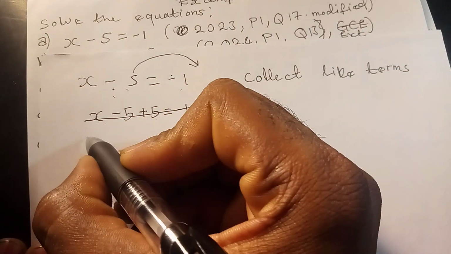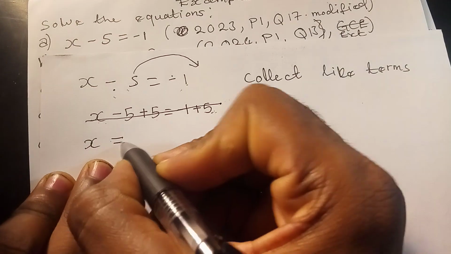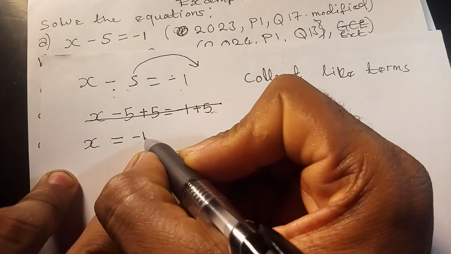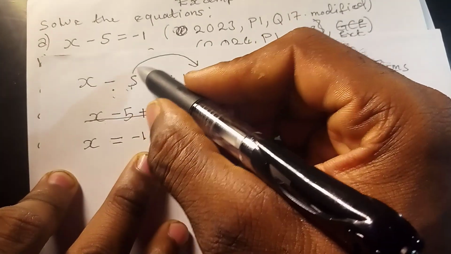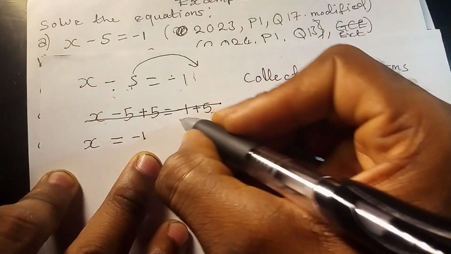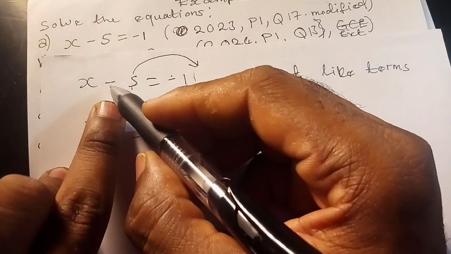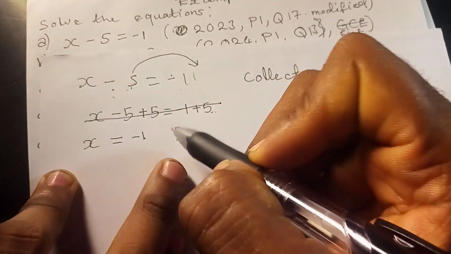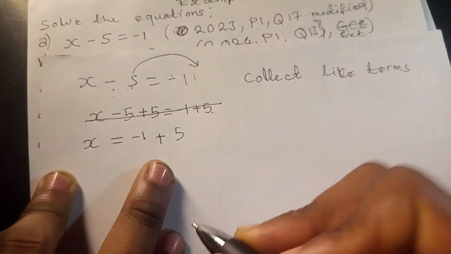Okay, so we can say x, you write the equal sign, and then you write the negative 1. Then after you write the negative 1, you can take the 5 to the other side. Please, you don't need to draw this arrow. So once the 5 goes to the other side, this sign will change. It's a negative here. The moment it goes to the other side, it will be a positive.